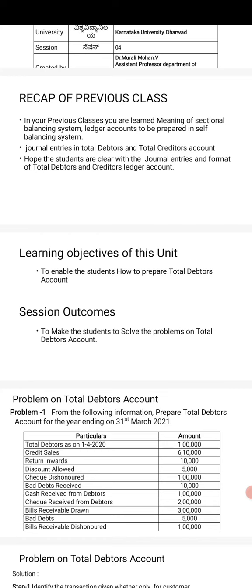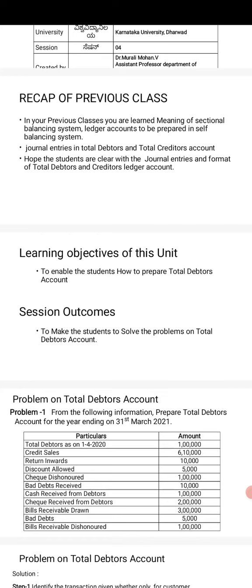Cheque dishonored is nothing but when a customer makes payment to the company through a cheque or DD, demand draft. Whenever the company presents that cheque or DD or bank instrument for payment, the bank does not make full payment. Some amount they are not ready to pay. That is called dishonor. Dishonor means the responsible person failed to pay the money.